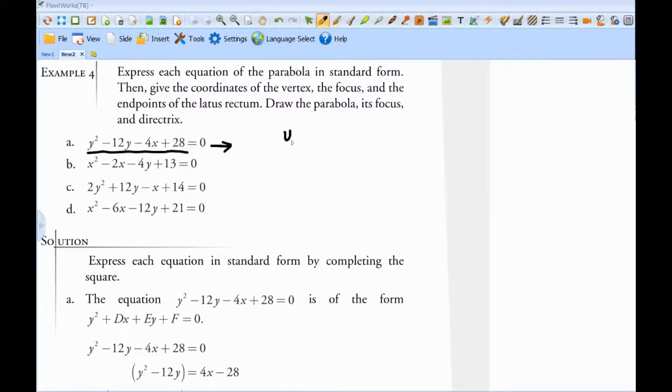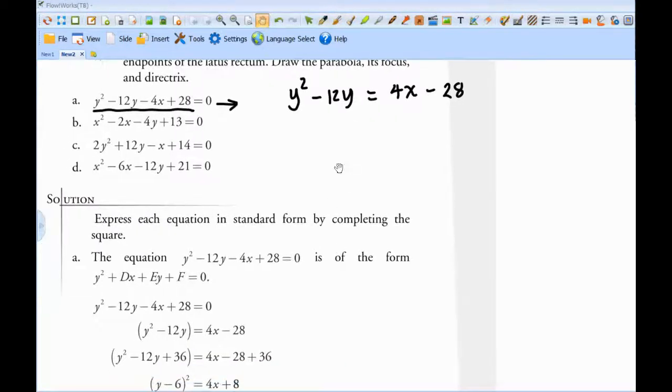So we have y squared minus 12y equals 4x minus 28. Okay? So by this time, we can combine like terms and we have the formula of the equation.